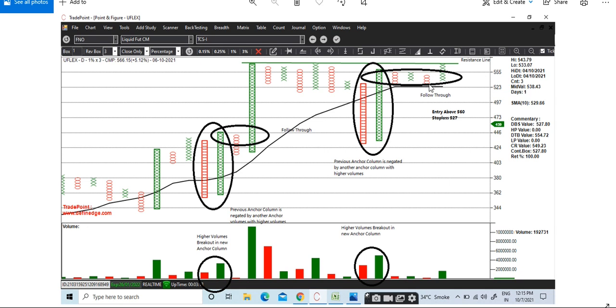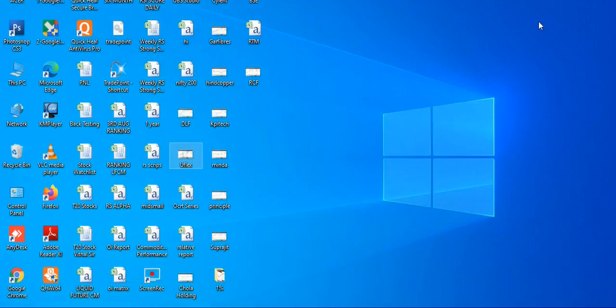The O's are at the same level. So this is called a variation pattern. So this is the setup for Uflex. I think it is trading at some 620, I guess 620. Yeah, so 10% up from this level. That is what I remember.